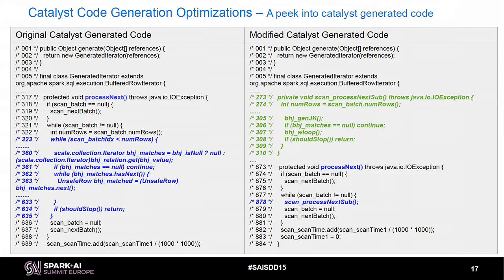Post these modifications, here is how the code generation differs. This was the original code, and this is the modified generated Catalyst code.